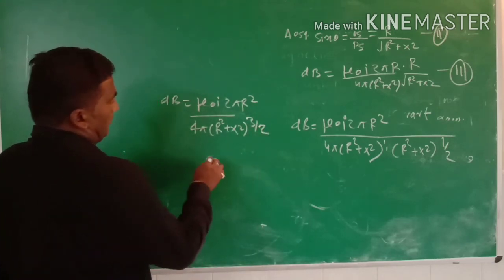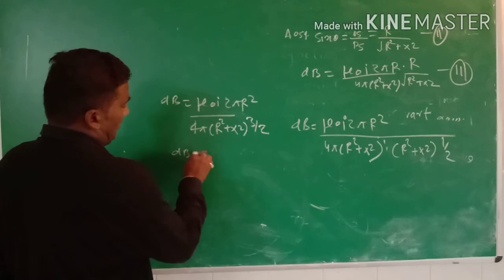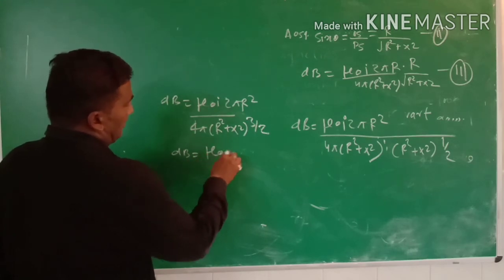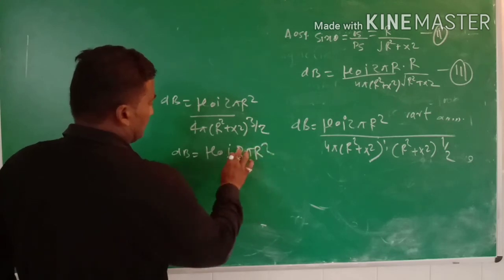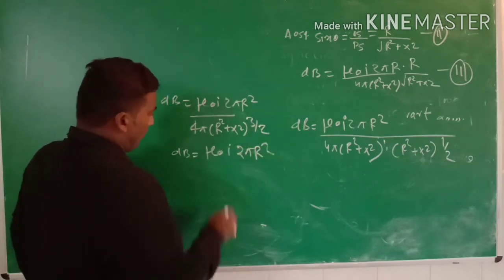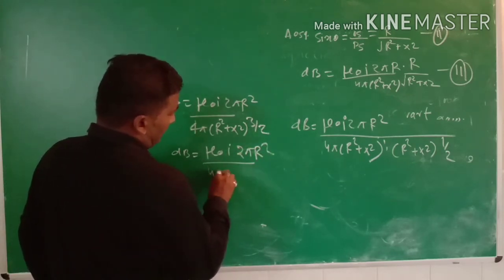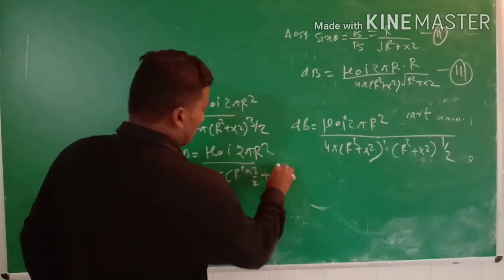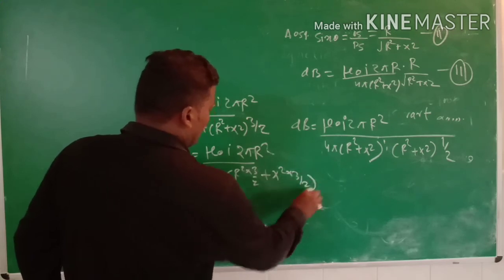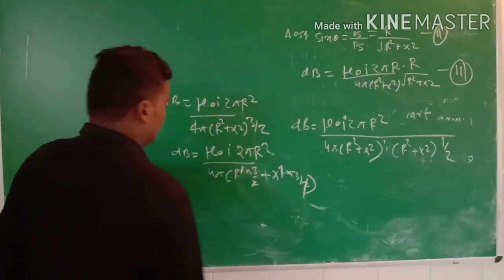Now we solve the value. dB is equal to mu naught I 2 pi r square upon 4 pi (r cube plus x cube), taking the power 3 by 2 on each term. Now 2 is cancelled from 2.